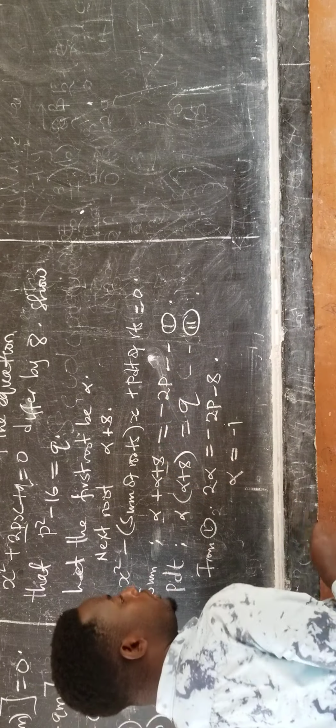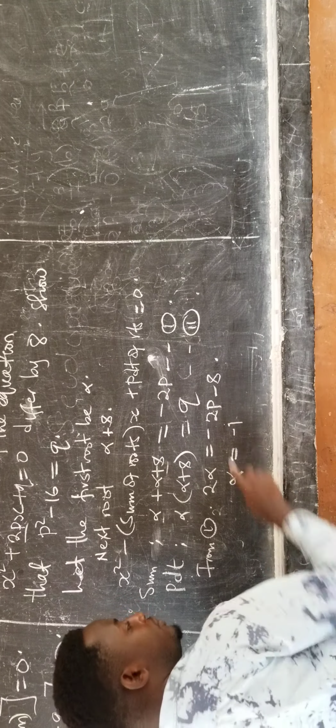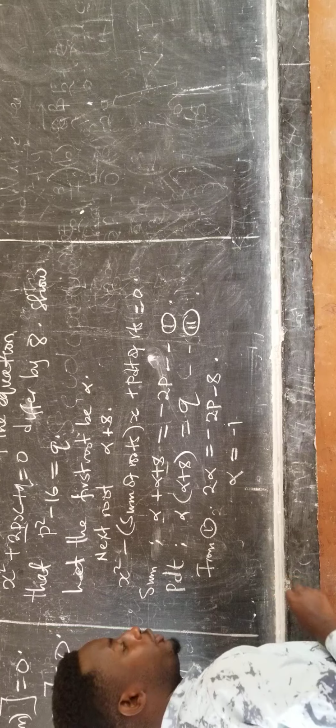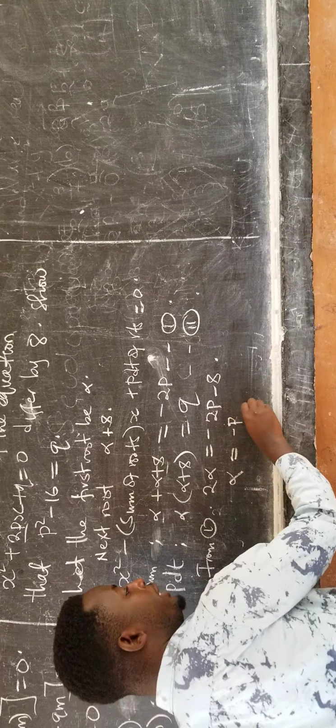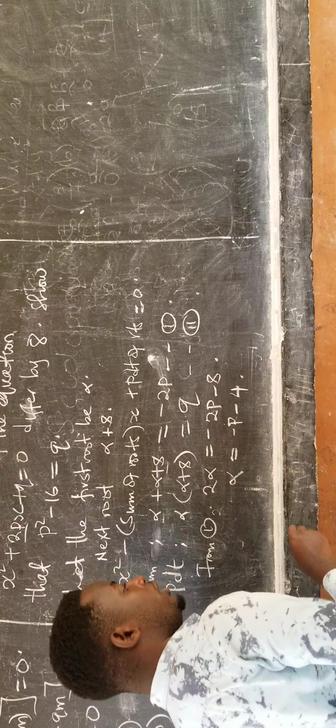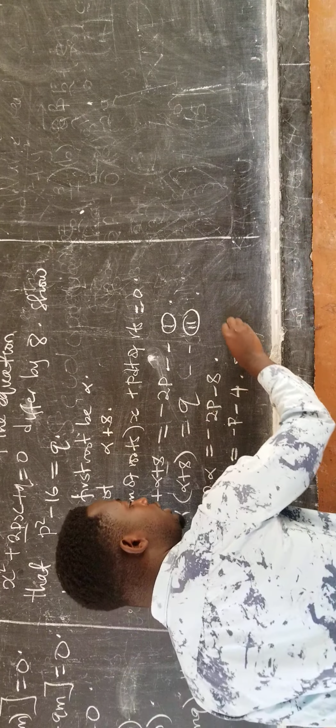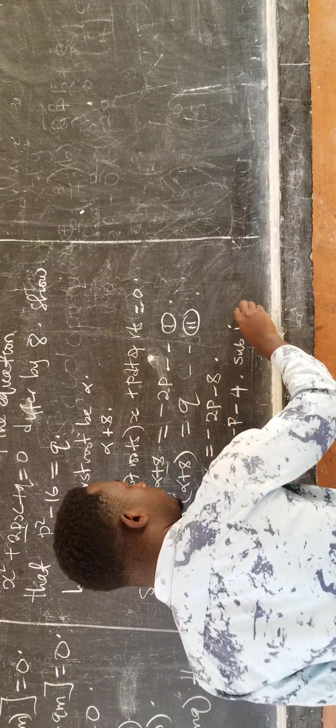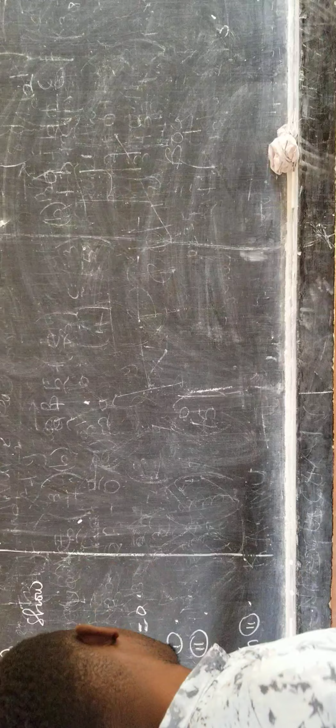So I brought 8 to the other side, so I have 2 alpha equals minus 2p minus 8. I divide both sides by 2. So here I remain with alpha equals minus p, minus 4. So I'm going to substitute this in equation 2.